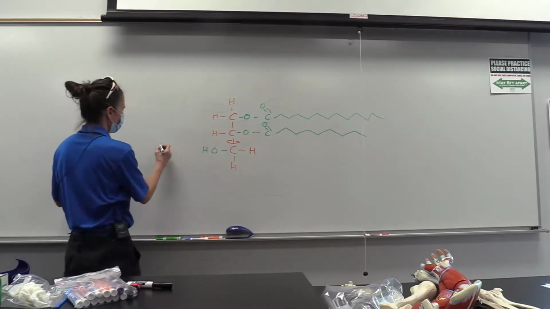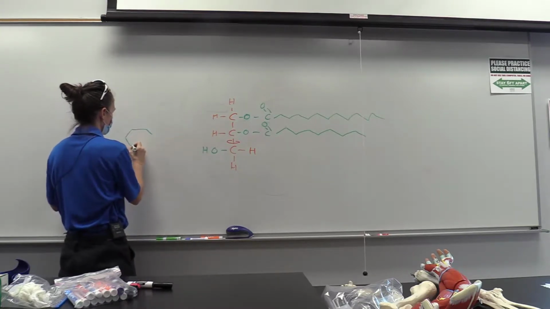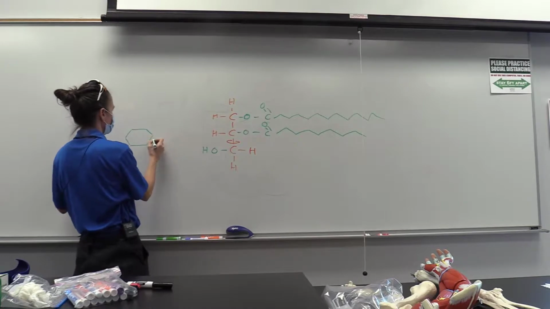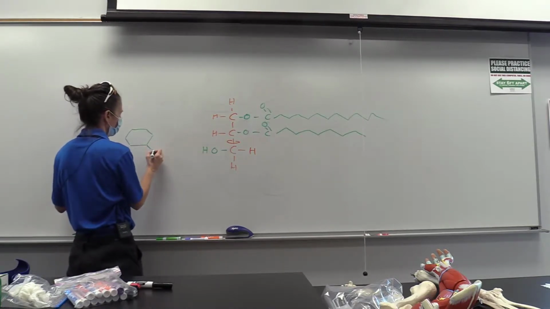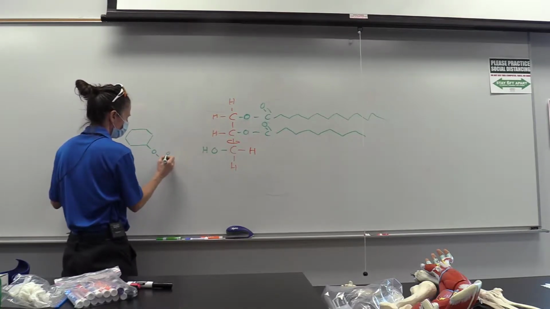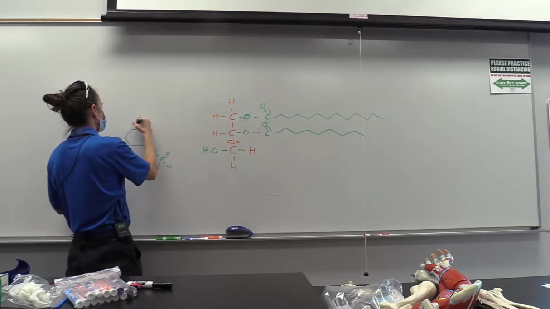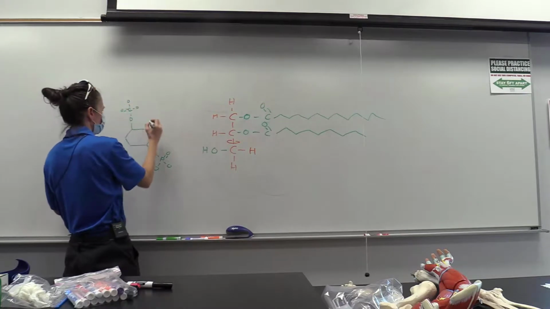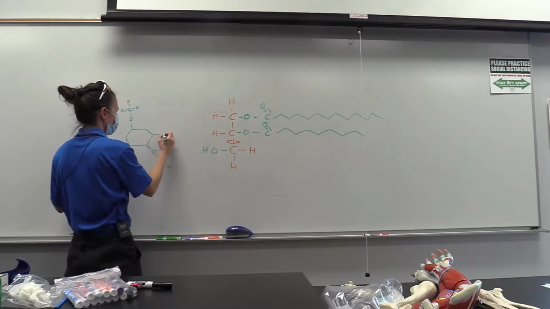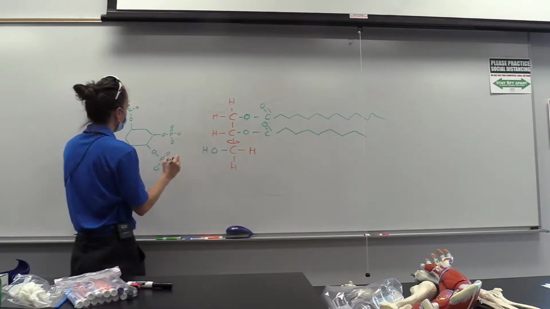I'll draw a molecule. I'll just pick some random molecule. Actually, this is not going to be a random molecule. It's going to be something like this. It doesn't really matter. So here we have some molecule.